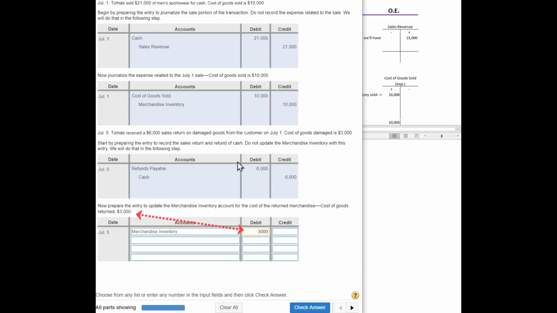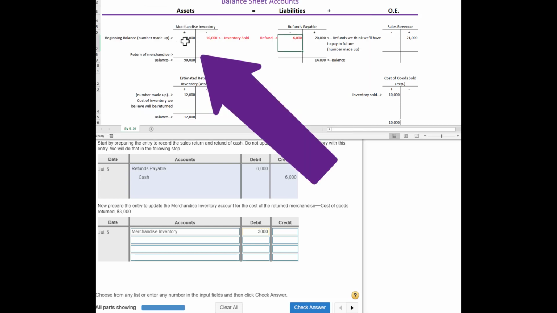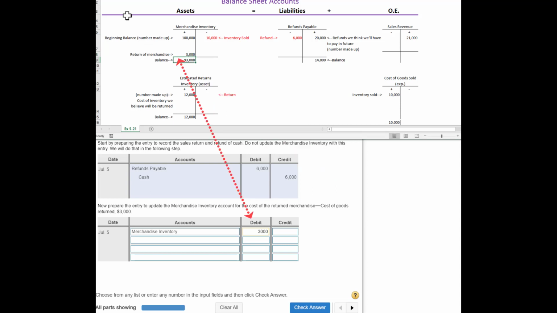Now some of you will be saying, well, these goods are damaged, and since we bought these goods from someone else, like the wholesaler or the manufacturer, we will eventually have to return them to the manufacturer, but that's done in a separate transaction. So for now, the return of merchandise is going to increase our inventory account by $3,000.